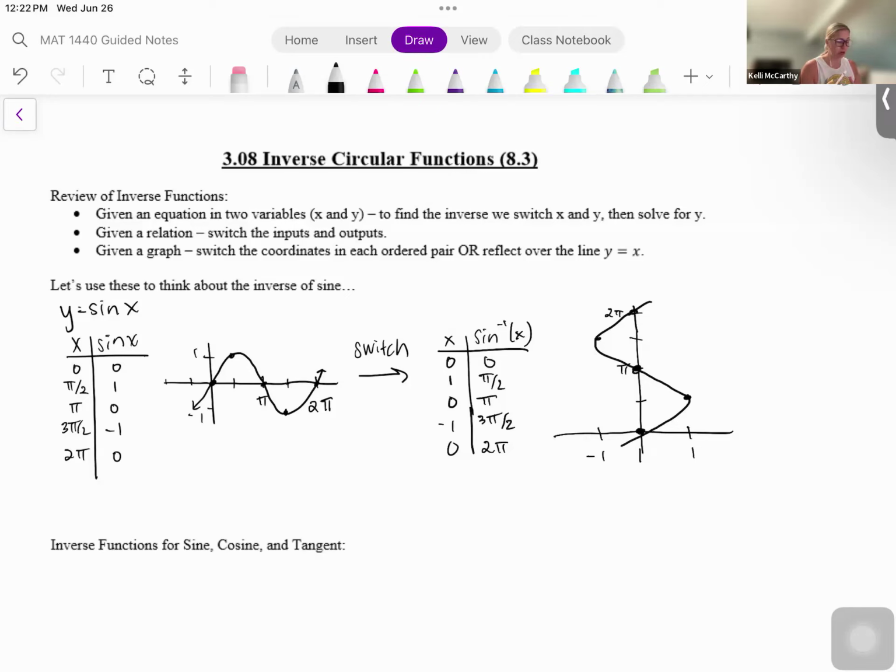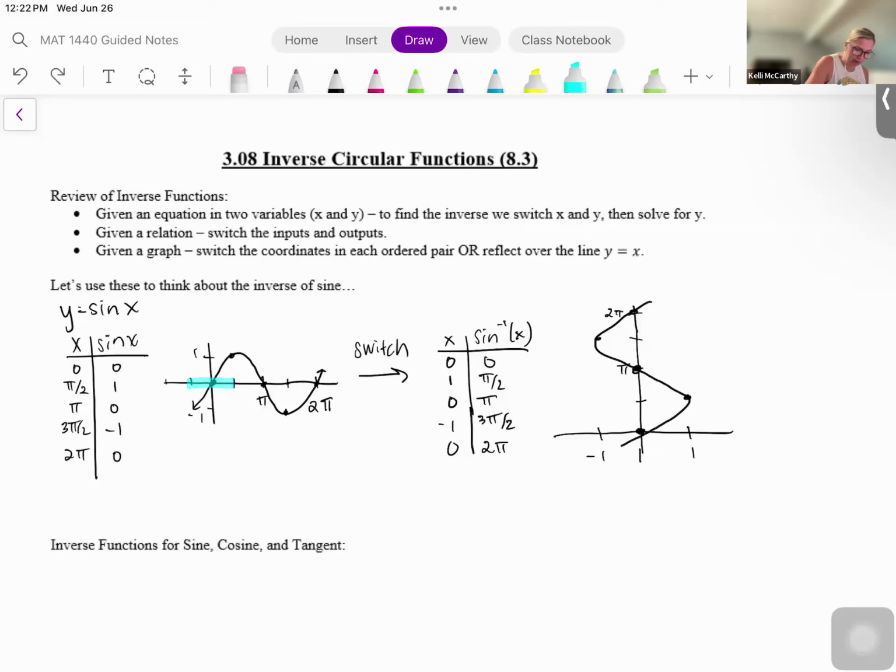Because it fails the vertical line test, what we're going to do is we're going to restrict the domain of sine of x, which would then restrict the range of inverse sine of x, so that we do end up having a graph that passes the vertical line test. So we're going to restrict the domain from negative pi over 2 from here to here.